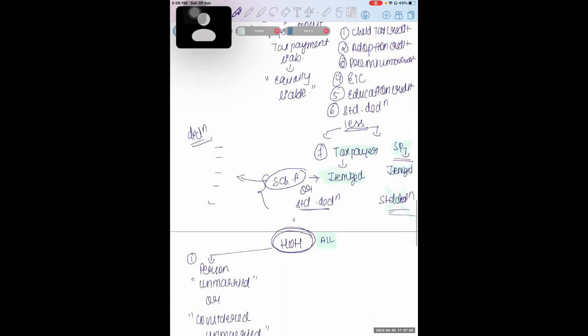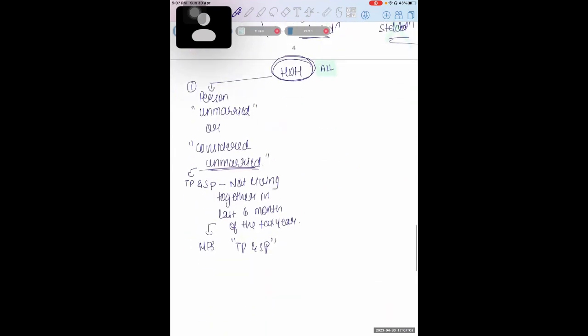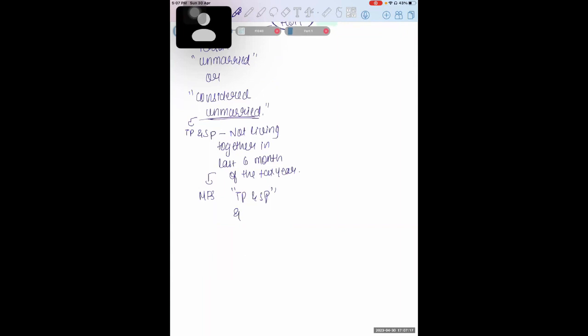Okay. The person should be unmarried or considered unmarried. In considered unmarried, there is one situation: if the taxpayer and the spouse are not living together for the last 6 months, and they have decided to file a separate return.